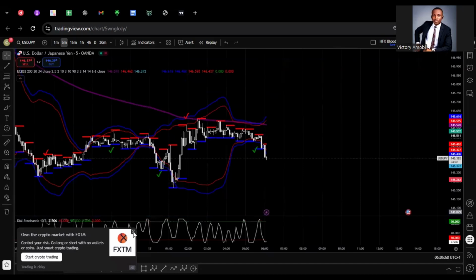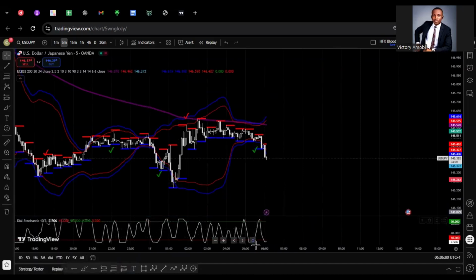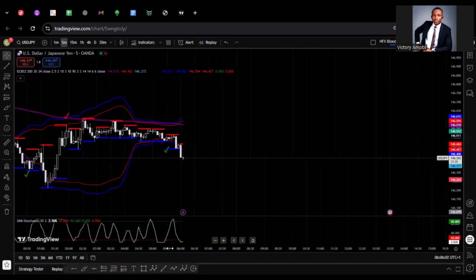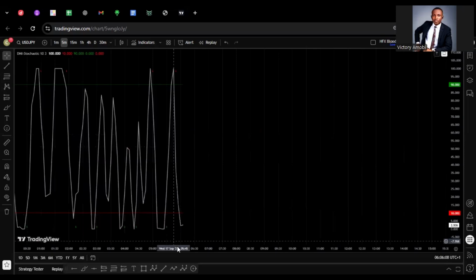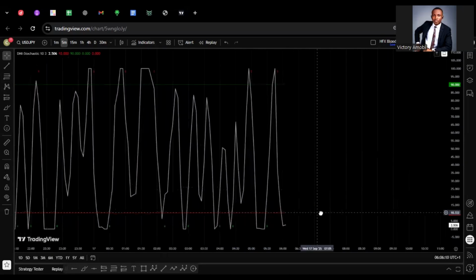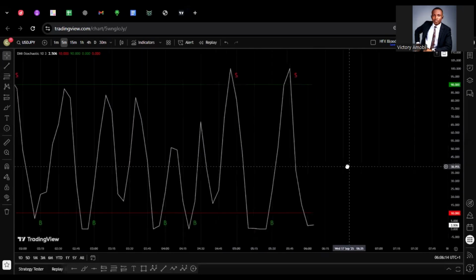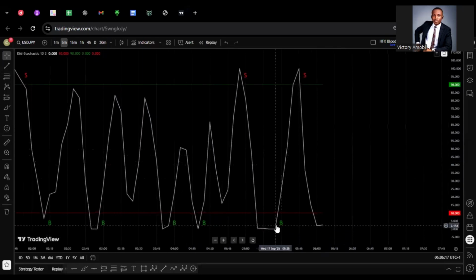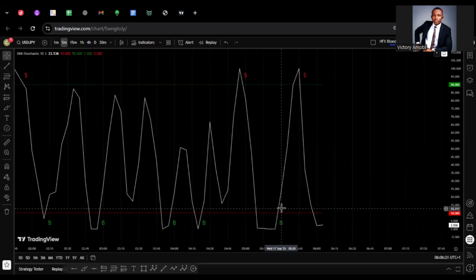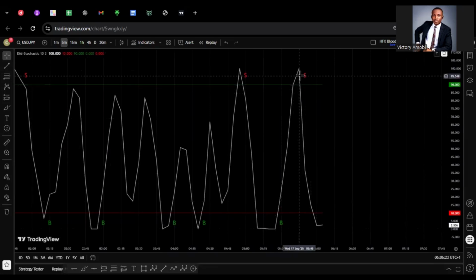Now you ask why the DMI stochastic. Here's the reason: know it, but don't depend on indicators. Look at this. These are the key things for the DMI stochastic. It shows you a B symbol, which simply says buy, and an S symbol, which simply says sell.